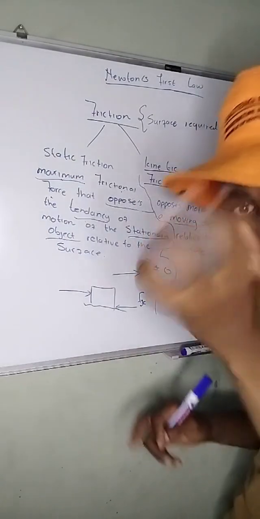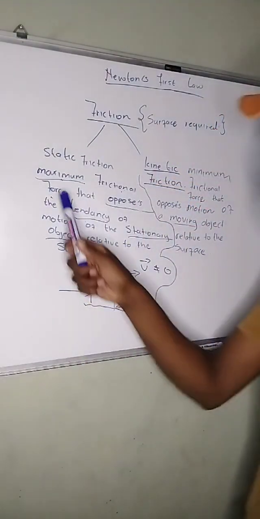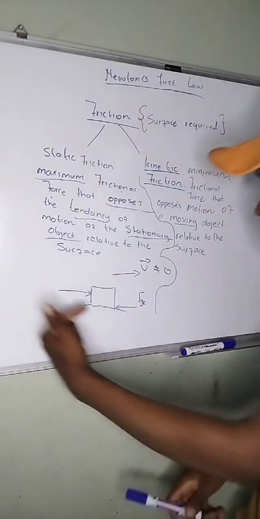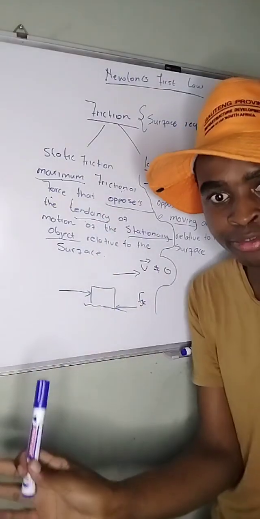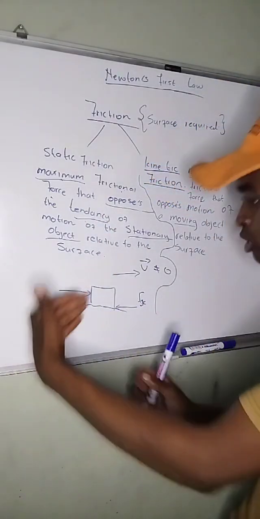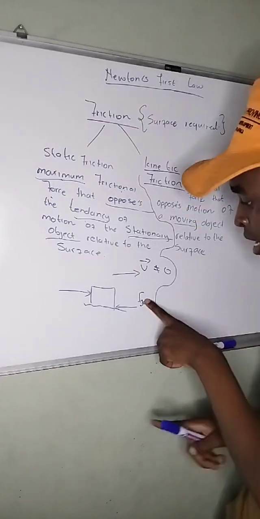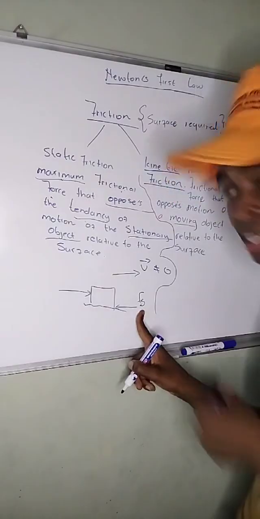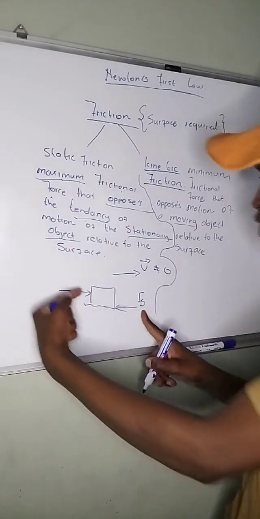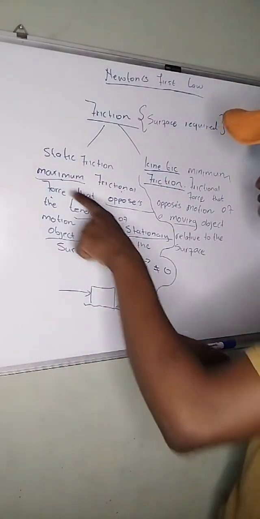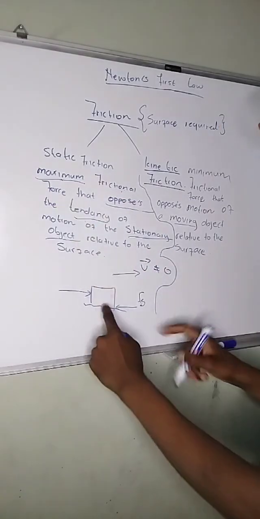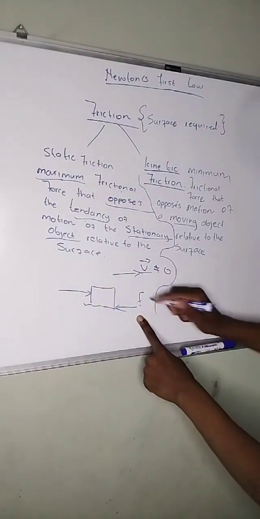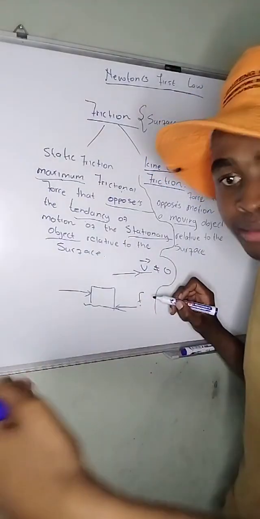Static friction, in summary, is the maximum frictional force that opposes the tendency. It means you can push this, but it doesn't move. Whenever you push it and it doesn't move, the friction is at maximum. But the moment this object starts to move, this Fs is overcome.